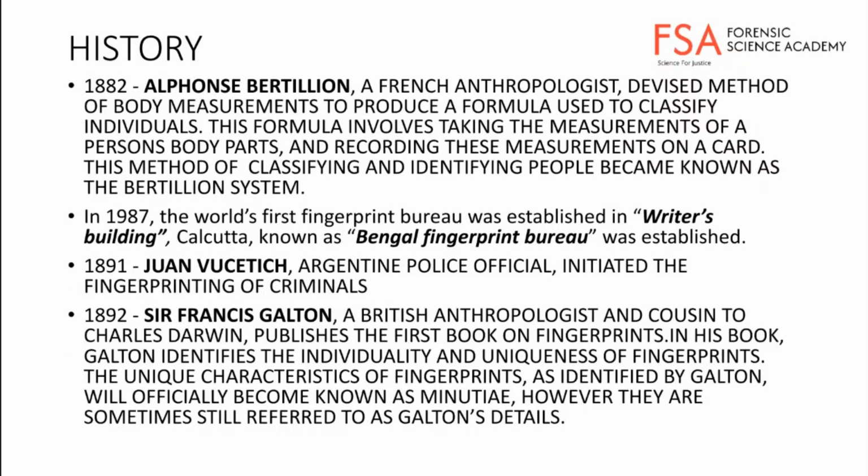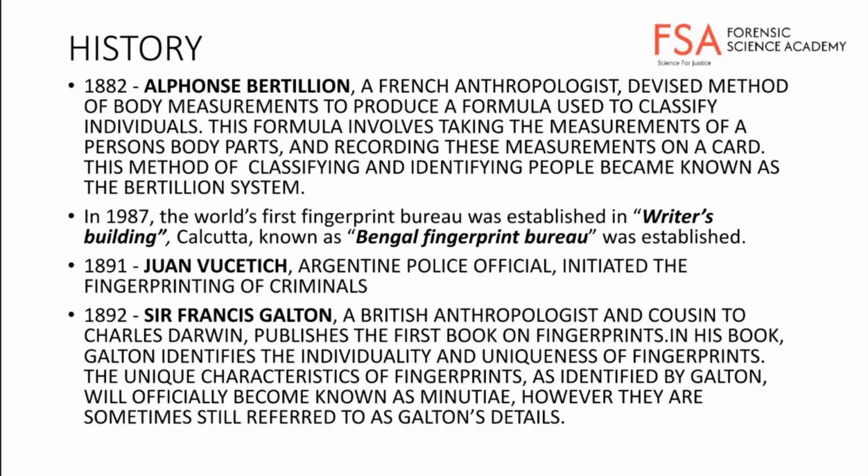In the year 1882, Alphonse Bertillon, a French anthropologist, devised a method of body measurements to produce a formula used to classify individuals. This formula involves taking the measurement of a person's body parts and recording these measurements on a card. This method of classifying and identifying people is known as the Bertillon system.